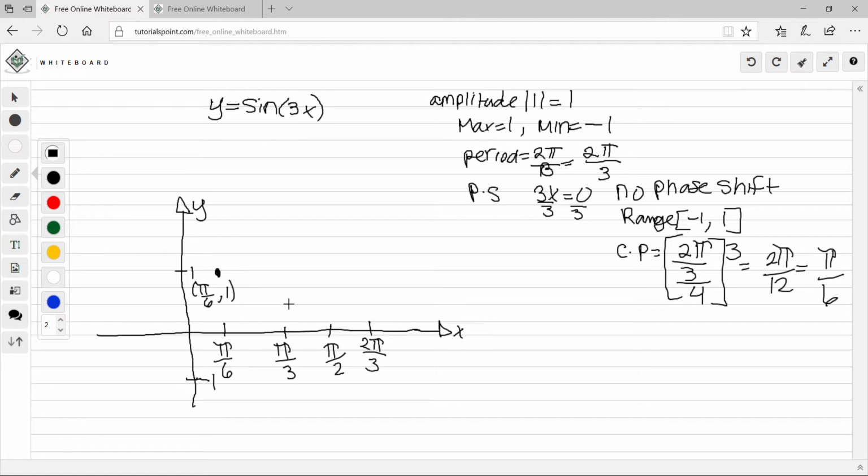When you plug pi over 3 into the function, you should get 0. So this is pi 3, comma 0. When you plug pi halves into the function, you should get -1.